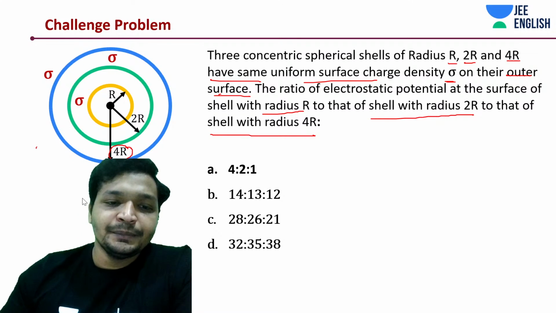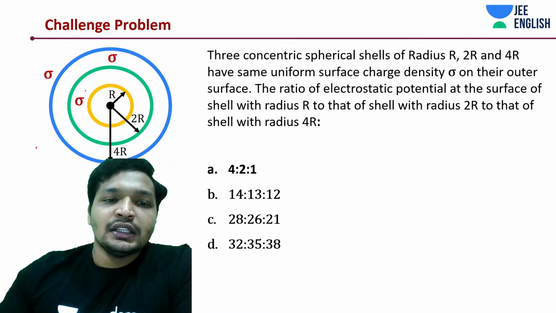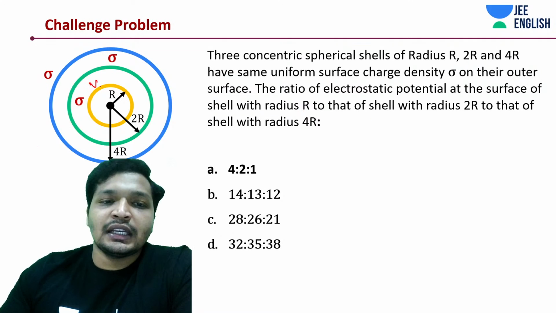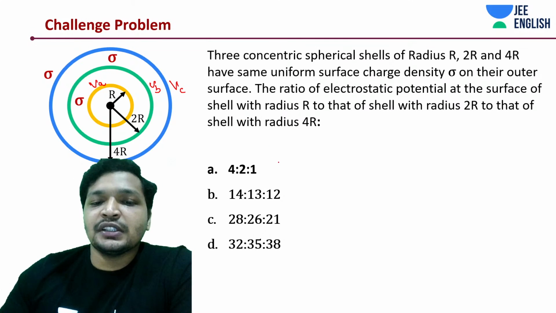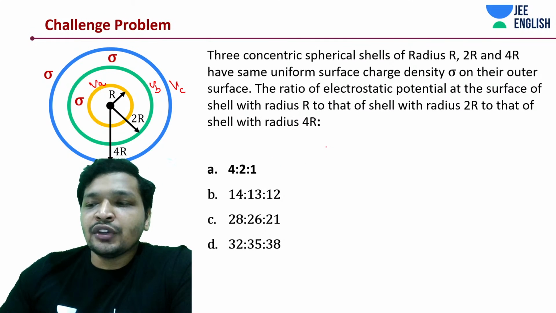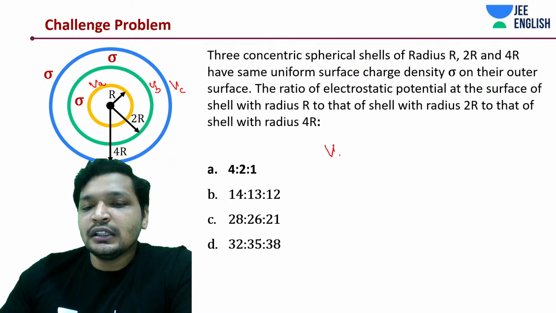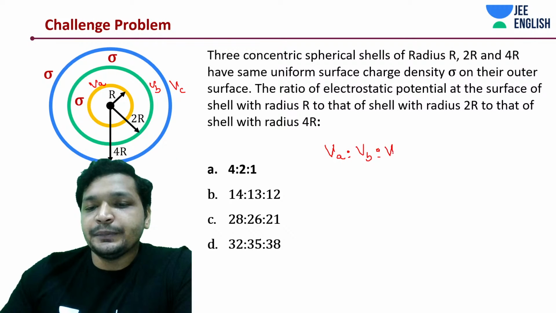They're basically asking, let's say this is shell A, which has potential VA, this is shell B, which has potential VB, and this shell C, which has potential VC. So they're asking you the ratio of VA to VB to VC.